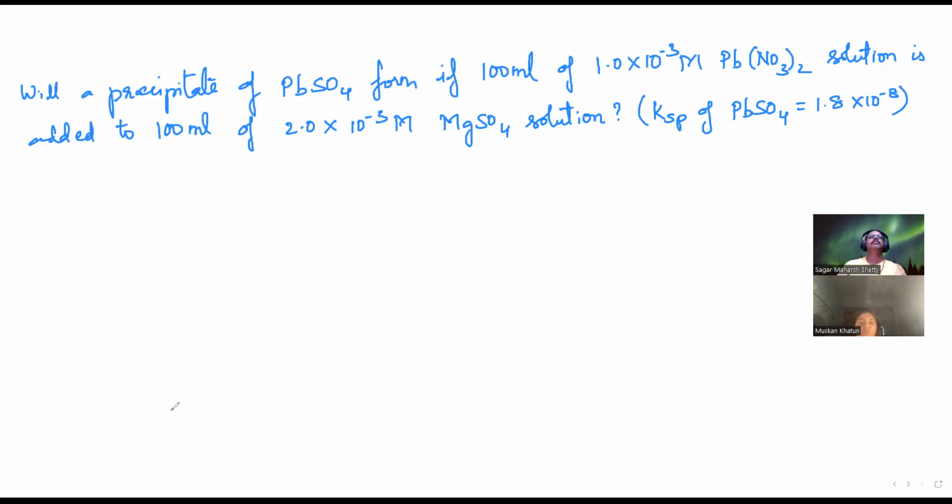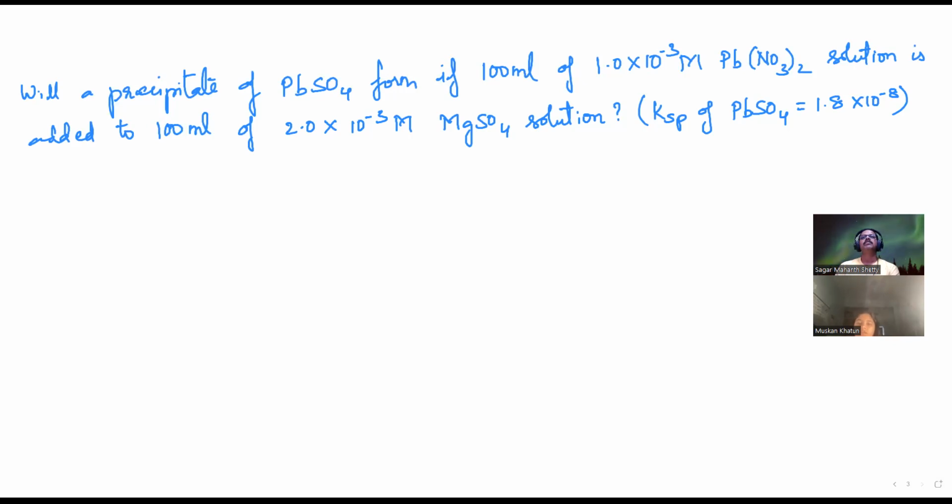Now it's saying, will a precipitate of lead sulfate form if 100 ml of lead nitrate solution is added to 100 ml of magnesium sulfate solution. So what's the first thing to be done? Of course, lead sulfate is the compound here.